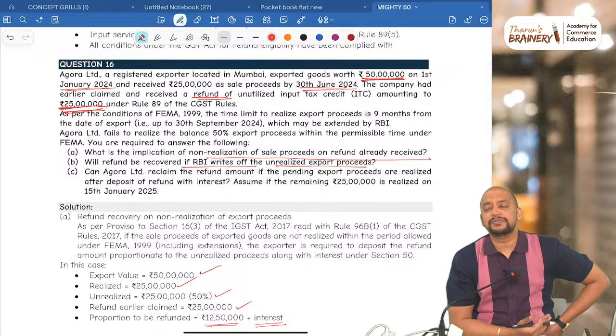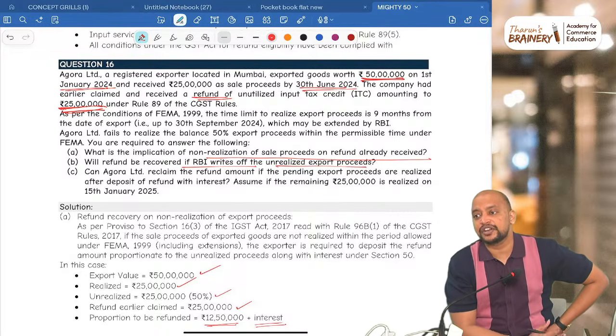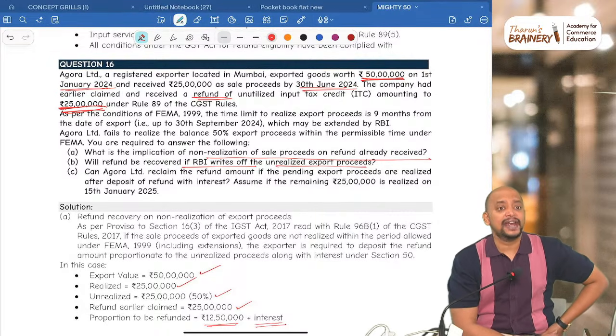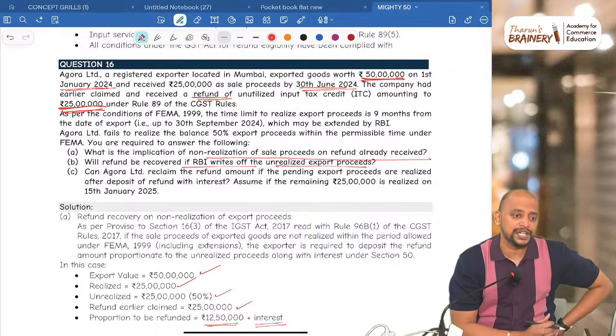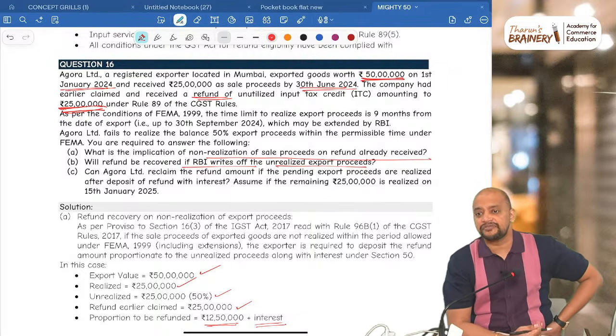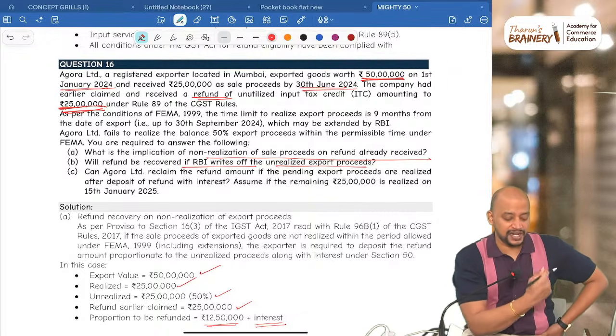The time limit given by RBI is 6 months. After the FIRC time limit, there is a 6 months time limit given by RBI. Within that 6 months time limit, if you are able to realize the proceeds, and as soon as you realize the proceeds, within 3 months, if you intimate it to the department, then whatever refund that you have paid, that you can reclaim as refund.